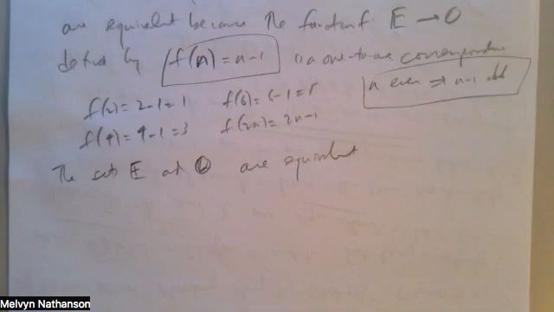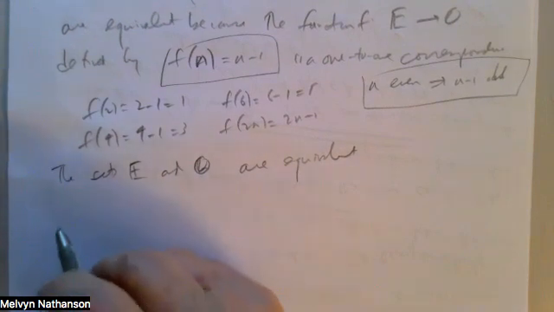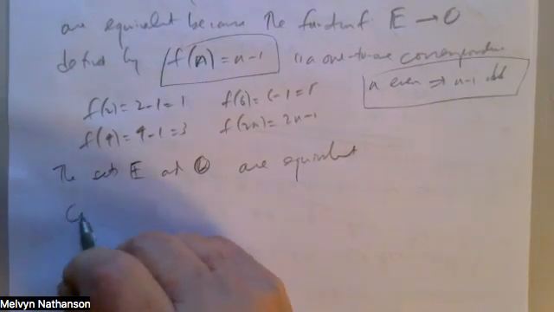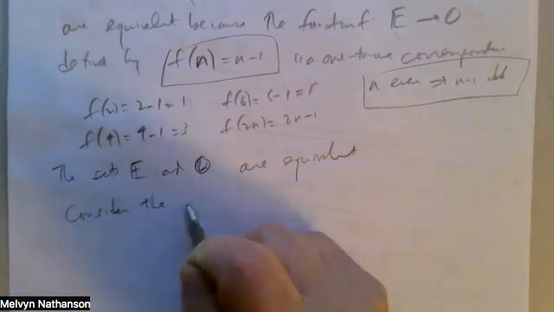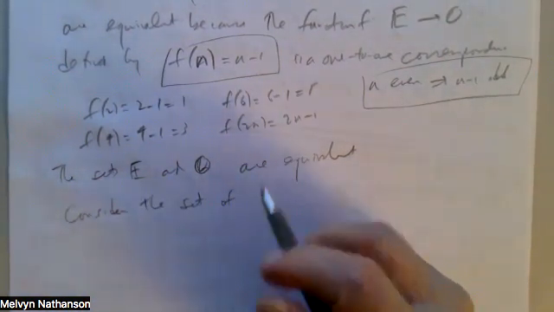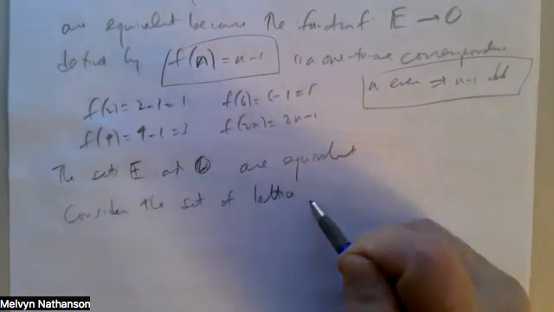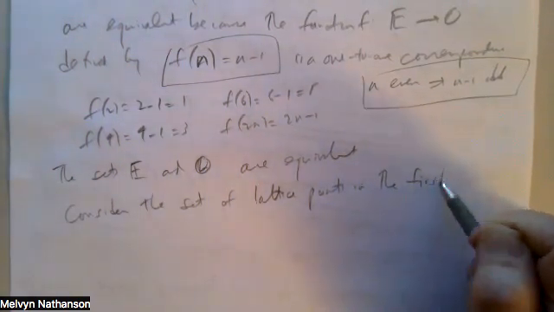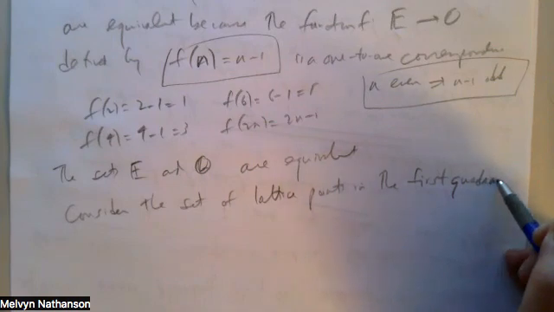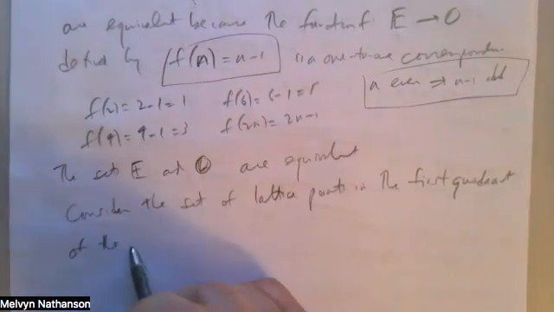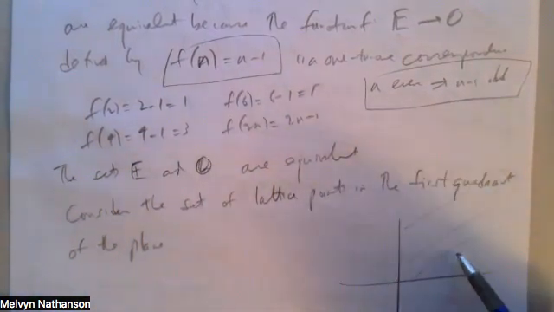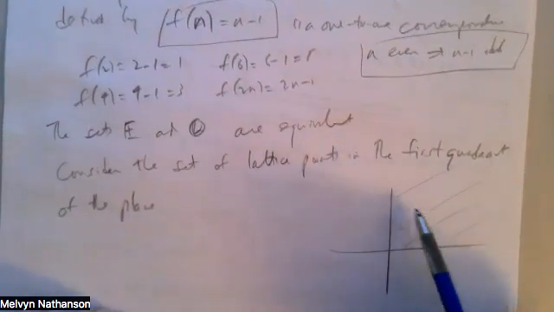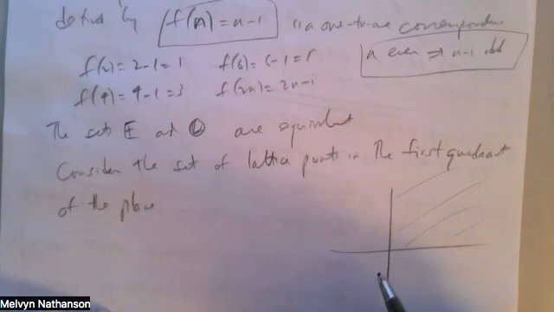What's more interesting is, for example, let's look at an interesting set. So consider the set of lattice points in the first quadrant of the plane. So in the XY plane, this is the first quadrant, the upper right-hand quadrant. These are the points where all the coordinates are non-negative.